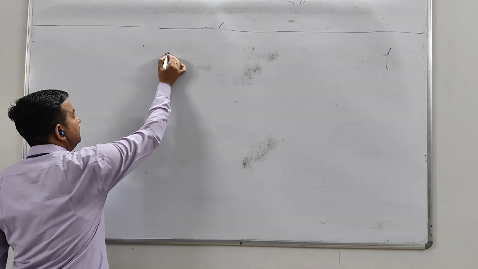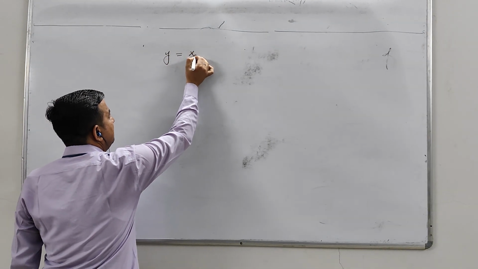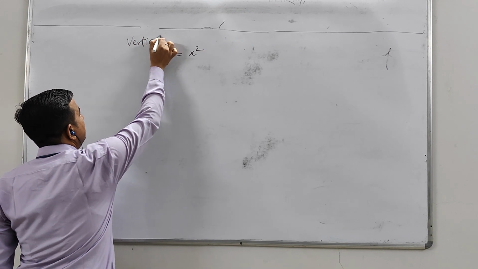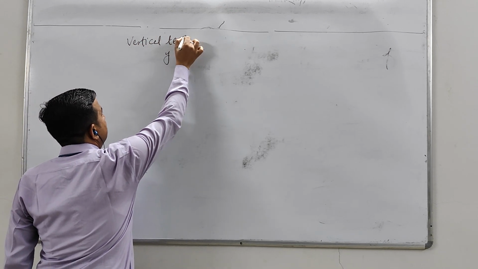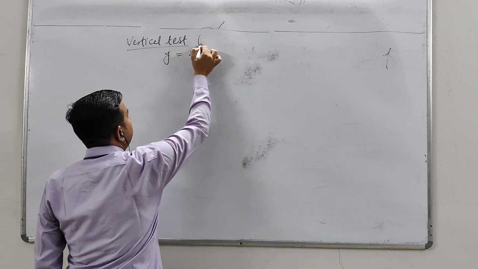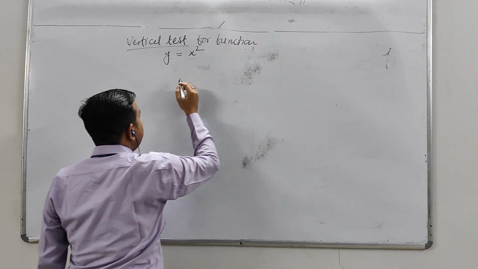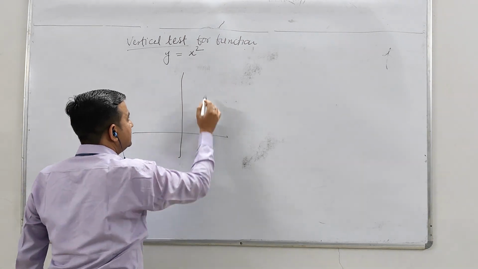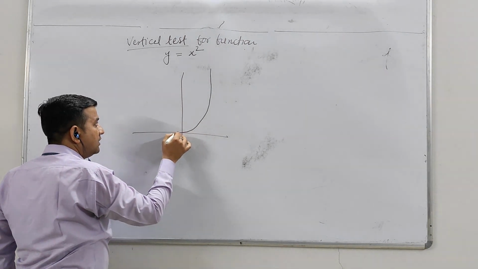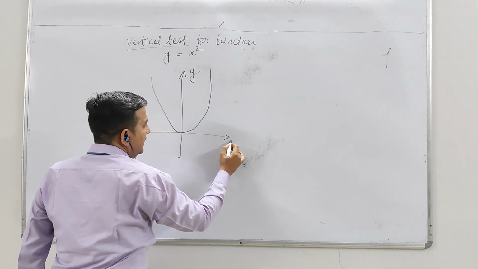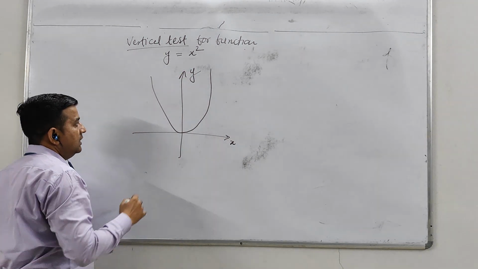For example, consider y equal to x square, the vertical line test for the function. We know this is the graph of y equal to x square.